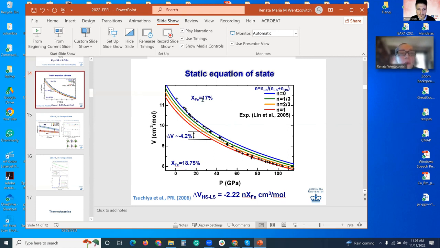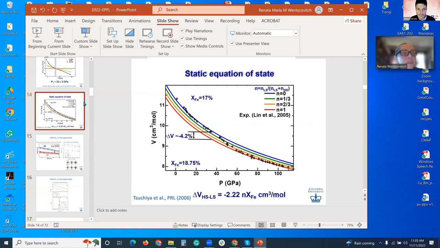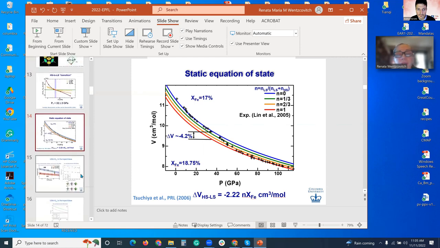The volume compression curve doesn't change very much even with the self-consistent U. The transition pressure changes from 32 to 71. That's a quantitative change, but qualitatively, the compression curve doesn't change and the phenomenology does not change. There is a lot more, I know.